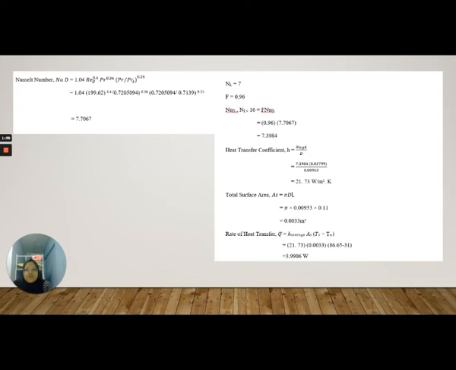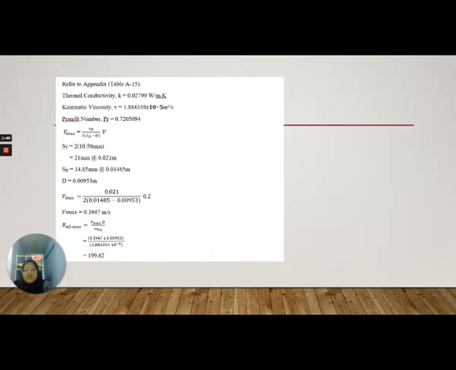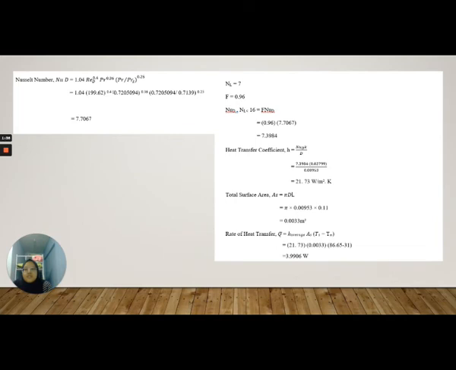From the Reynolds number, we will calculate the Nusselt number. The Nusselt number can be obtained from table 7.2. As you can see, the Reynolds number is 199.62, which is below 500, so we will use this formula to calculate the Nusselt number.